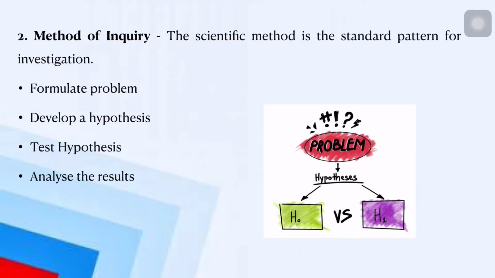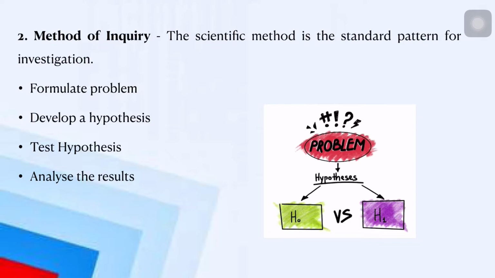The second one is method of inquiry. As we know, the normal way of how we do research, that scientific method is always becoming the standard pattern for investigation of marketing research.